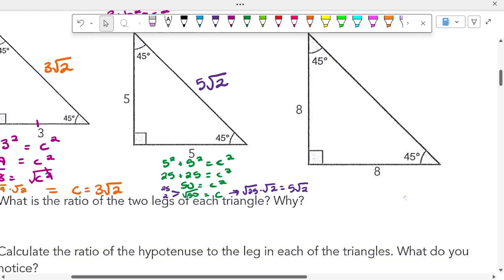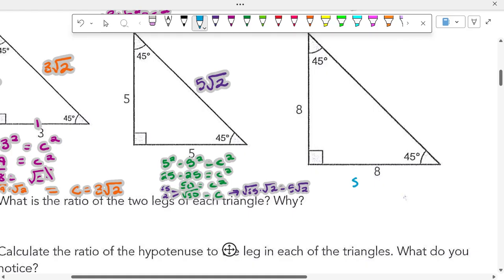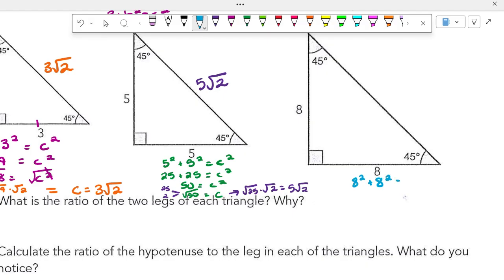All right. Last one. How do I set it up? 8 squared plus 8 squared is equal to c squared. So what's 8 squared? 64 plus 64 is equal to c squared. So that's 128 is equal to c squared. Take the square root of both sides, square root of 128.